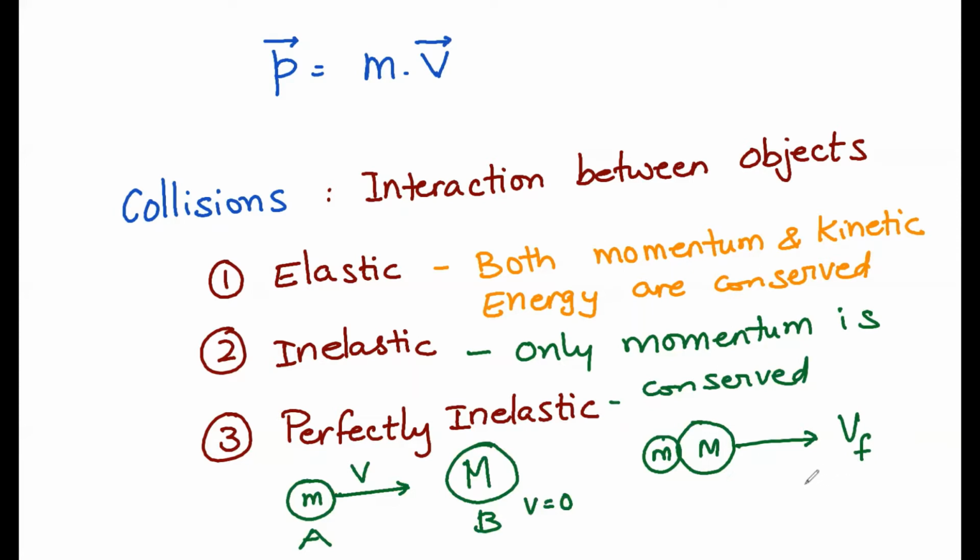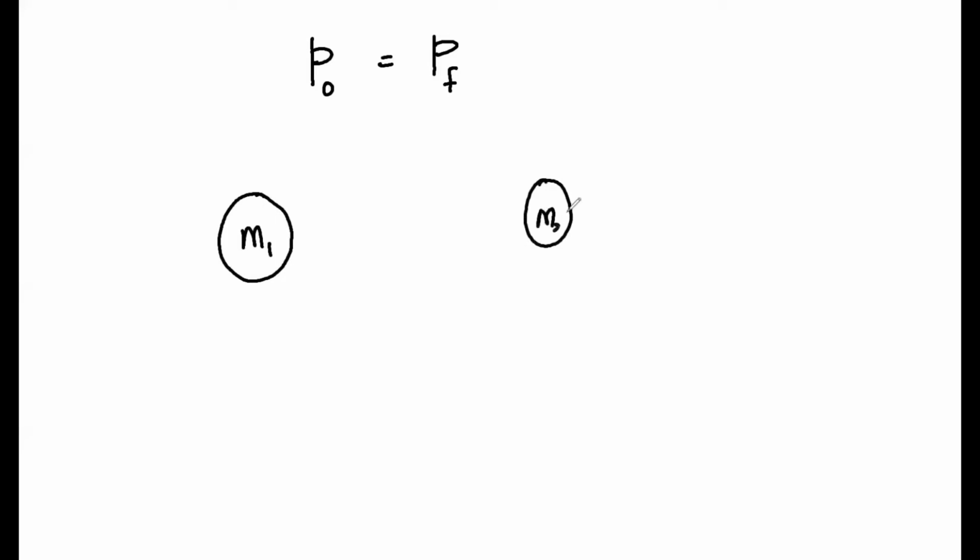It is important for you to notice that in both inelastic and perfectly inelastic collisions, only momentum is conserved and not kinetic energy. Now let's go ahead and understand the meaning of conservation of momentum. Let's say we have two masses, m1 and m2. m1 is moving with a velocity of v01. m2 is moving towards m1 with a velocity of v02.